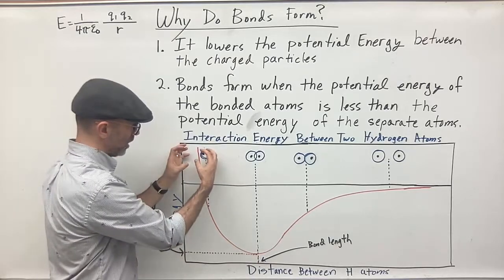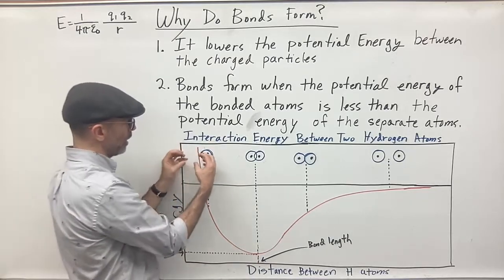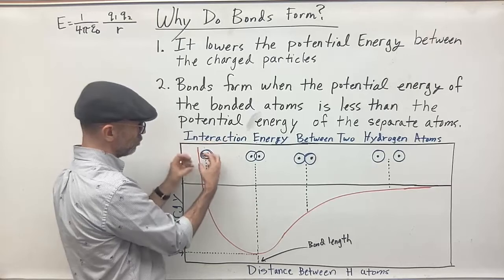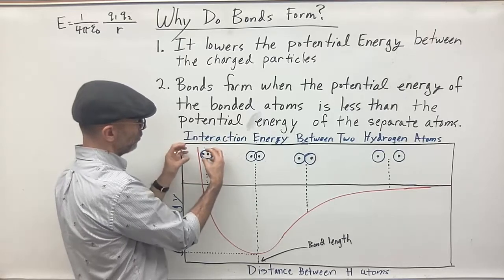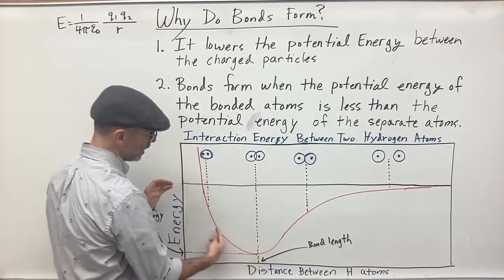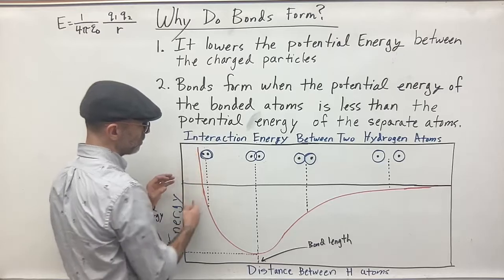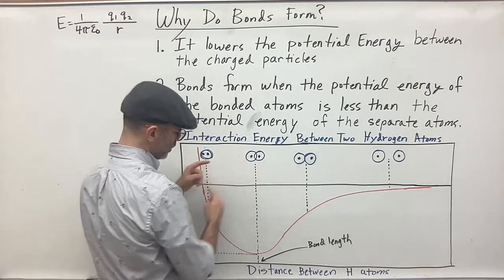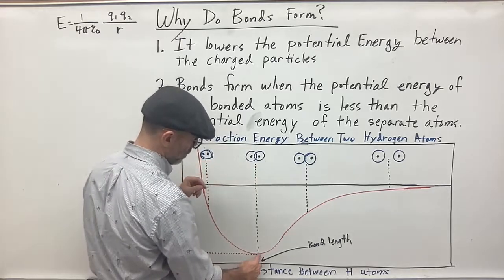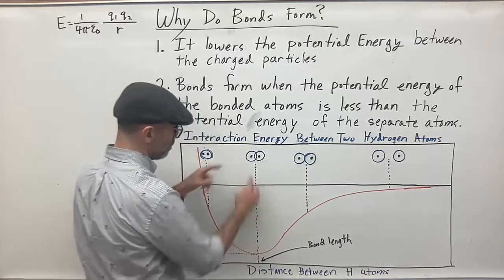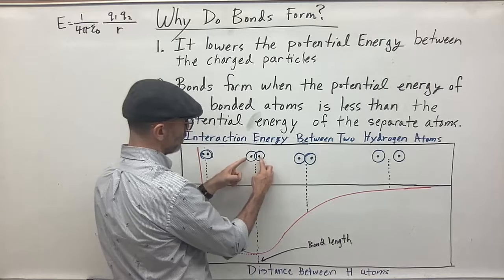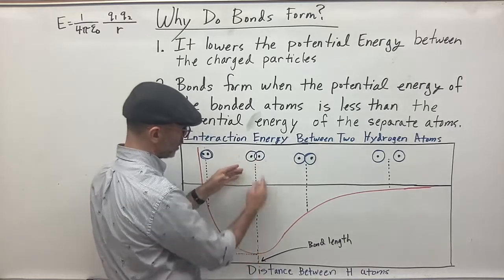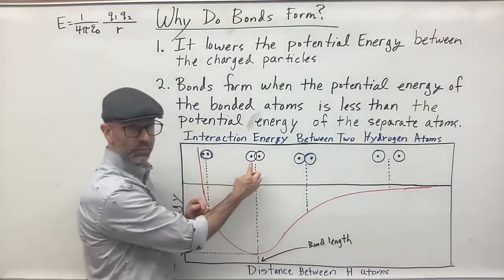So if you bring the nuclei close together, the potential energy goes up. But if you bring them out, right, they reach this minimum here. This is where you get the lowest possible energy, and this is where you get the bond forming.